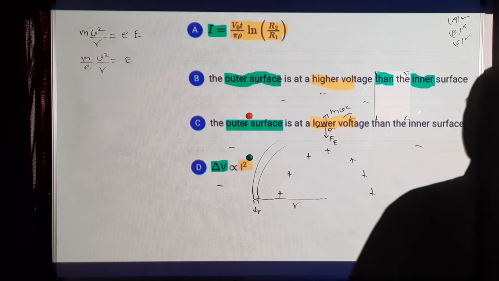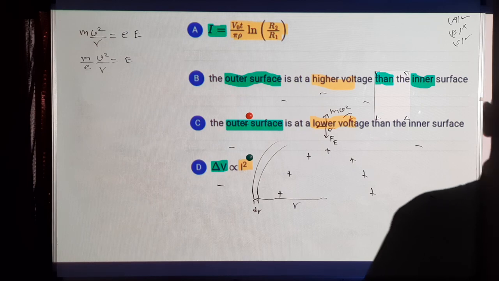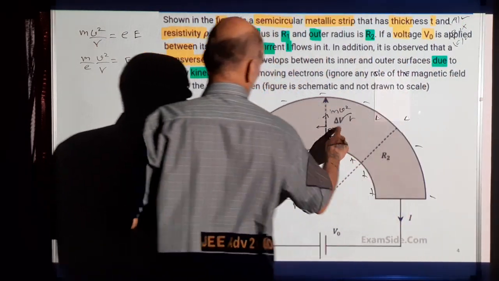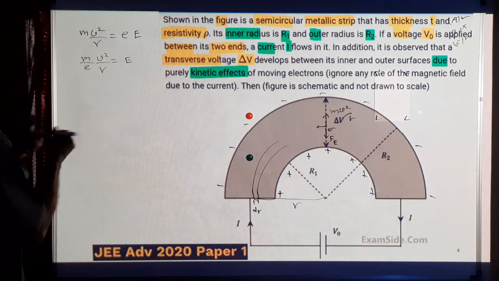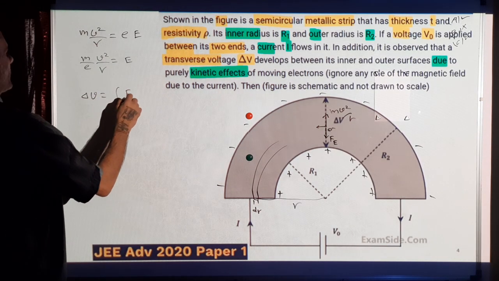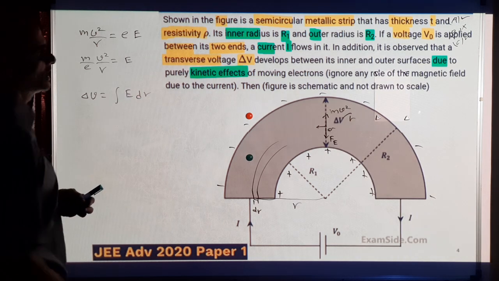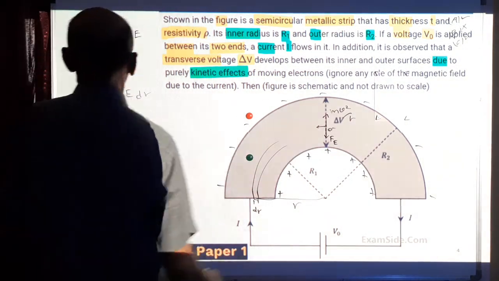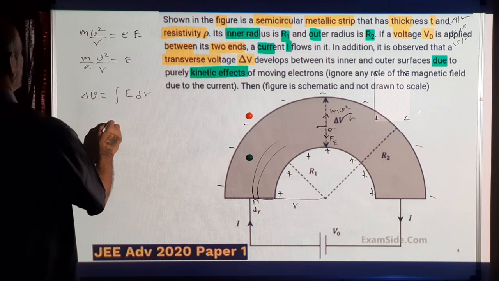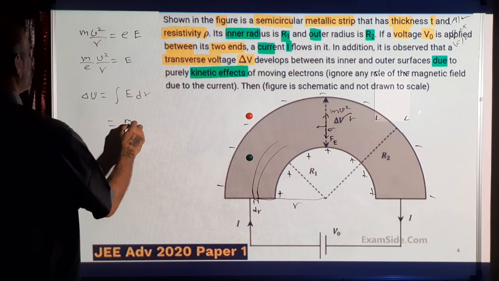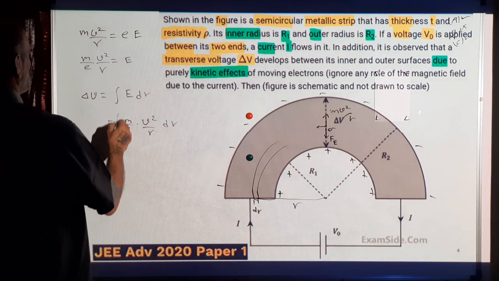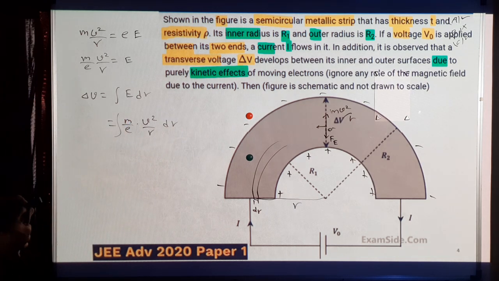On option D, you have to find delta V. Delta V is the potential drop from here to here. It is the integral of E dr. The electric field is this thing, m by e v square by r, dr, from r1 to r2.